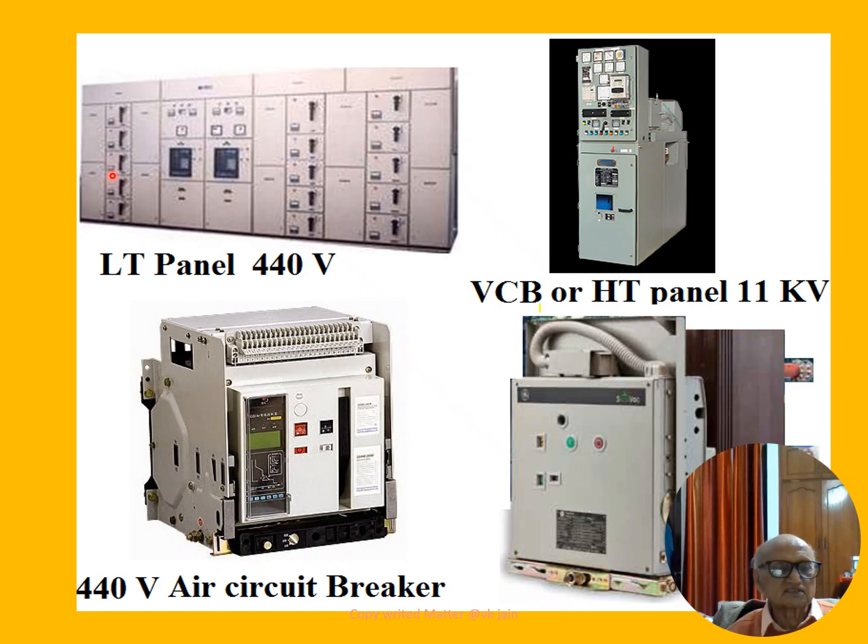The next category is of MCCB. MCCB supplies you power up to 400 kilowatt, and beyond MCCB we have to go for ACB, and ACB like this deals with power up to 2000 kilowatt, and they are normally in this simple LT panel. They are here, so two incoming circuits are there and they are connected.